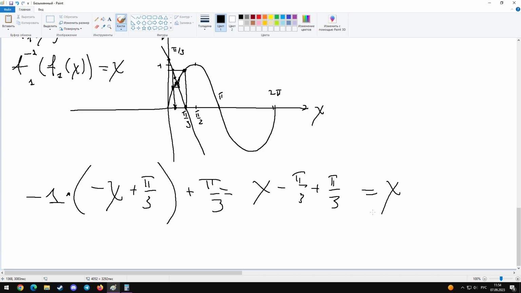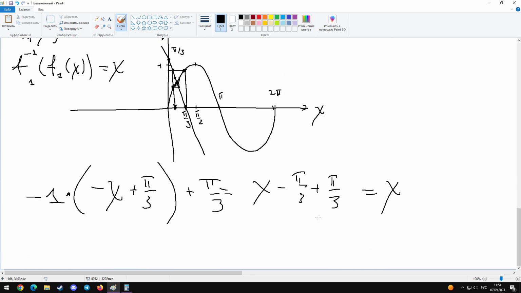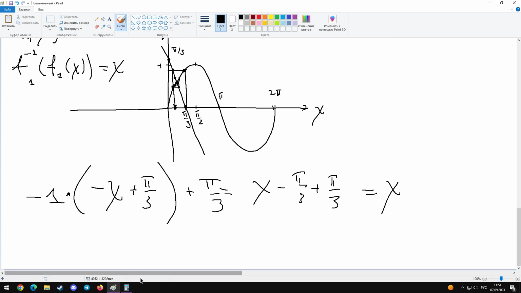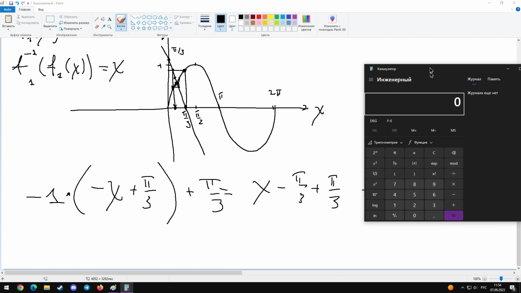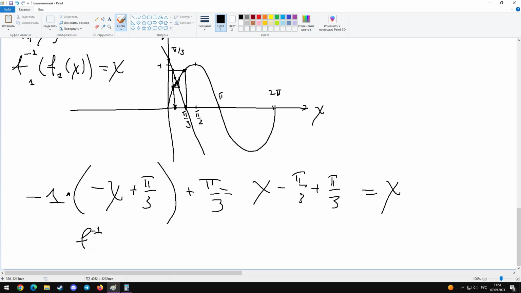It's just x. Okay, let's calculate. So the f reversed of x equals minus x plus pi over 3.